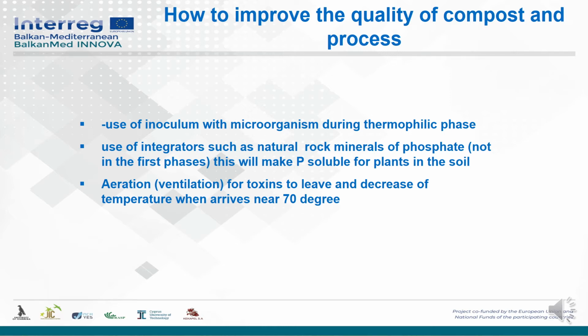In order to improve the quality of compost and the composting process, it is advisable to use an inoculum with microorganisms during the thermophilic phase. You can also use integrators, sorry for the lapsus, such as natural rock minerals of phosphate.